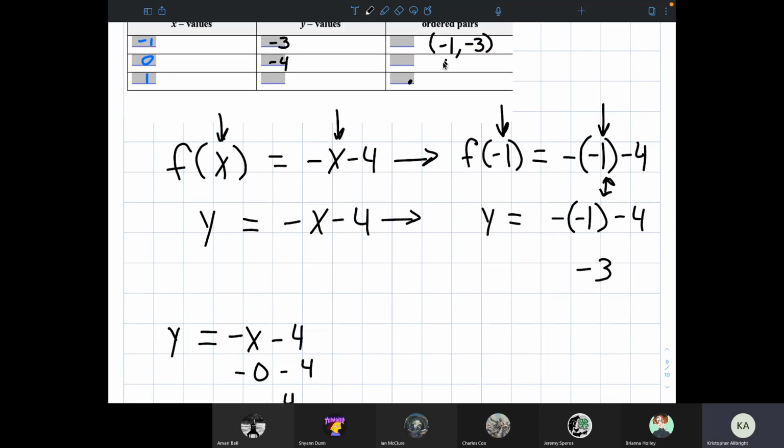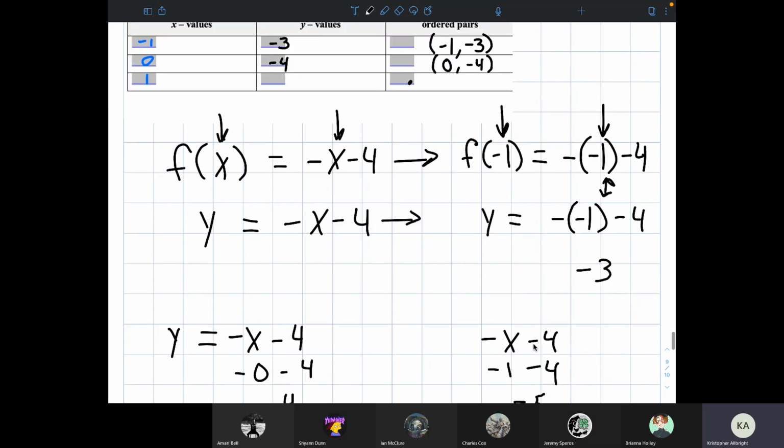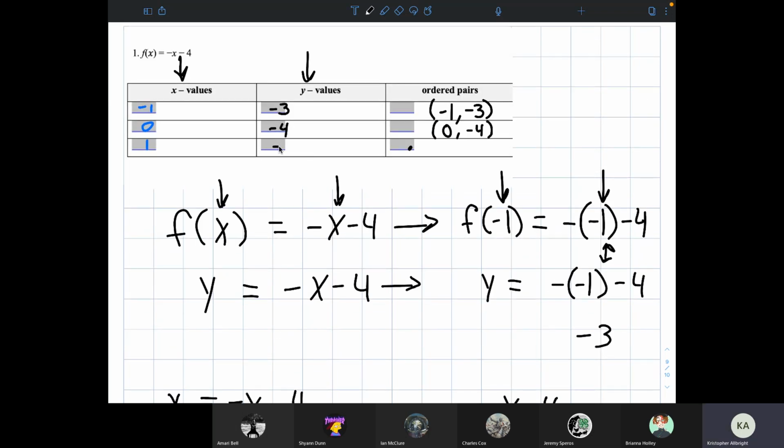And then I'm going to have 0, -4. And then if we plug in 1, -x minus 4, -1 minus 4, that's going to give us -5. So -5 for our y value, 1, comma, -5.